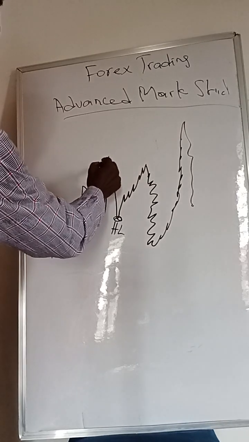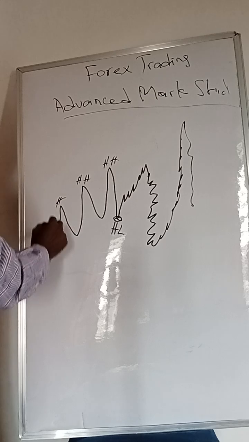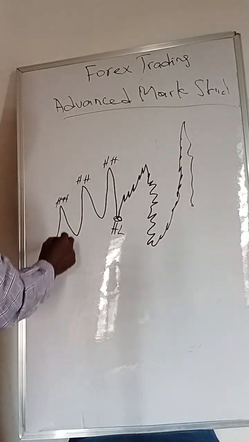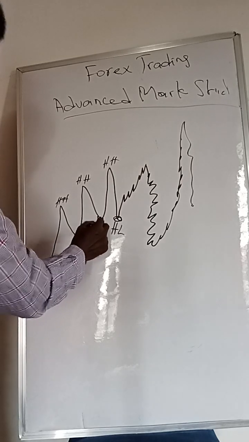This is higher high. This is higher high. This is higher high, right? Higher high, higher low, and of course higher low, right?